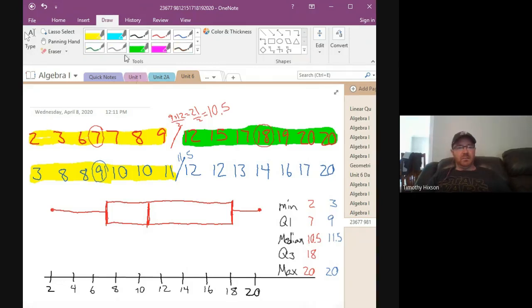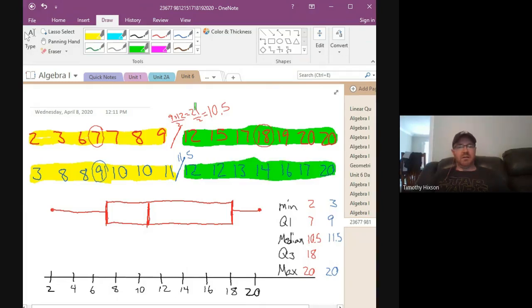And then we have this top half of the data starting above the median. Since there are 7 items of data there, we are going to look at the 4th one because that's going to be right in the middle, 3 on either side. So that's 14 for our Q3.